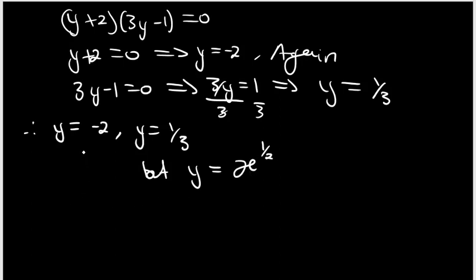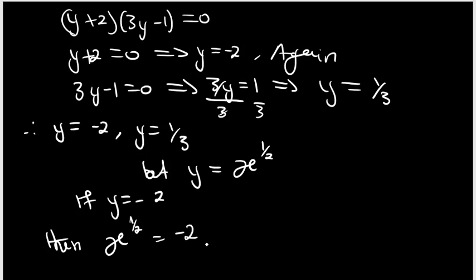In that case, we are going to take the y values one by one, then we equate that to the x exponent half, because that is our y. Okay, so if y is equal to negative 2, then x exponent 1 over 2 will be equal to negative 2.